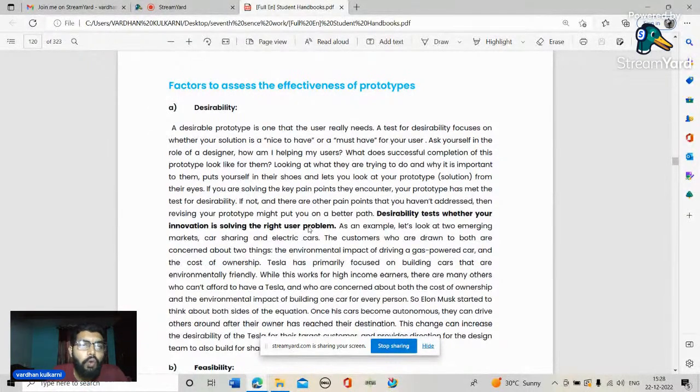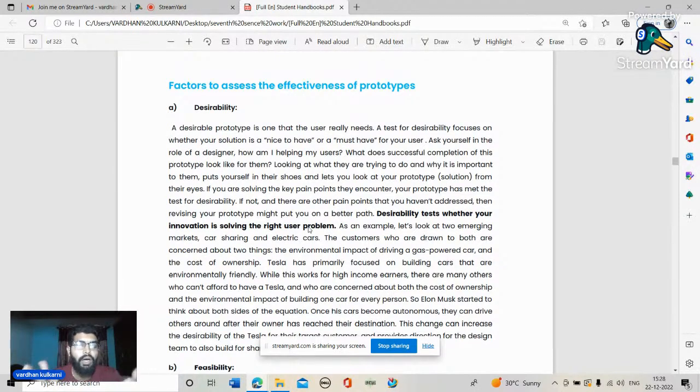Ask yourself, in the role of the designer, how am I helping my users? What does a successful completion of the prototype look like for them? Look at what they are trying to do and why it is important to them. Put yourself in those shoes and understand the prototype through their eyes.